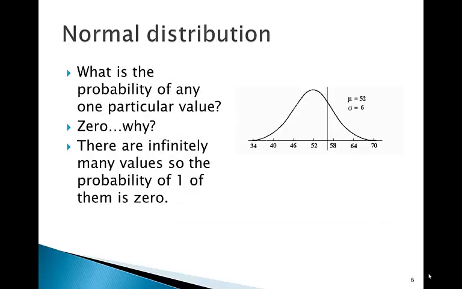If you're looking at any continuous probability distribution, the probability of selecting one specific value is always 0. The reason is because there are an infinite number of possible values, so the probability of selecting one very specific value is 0.